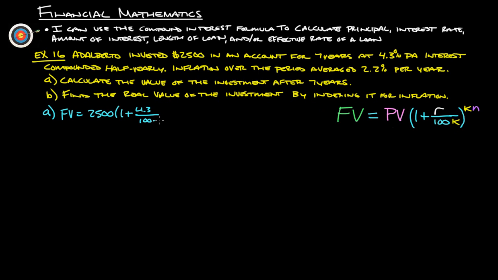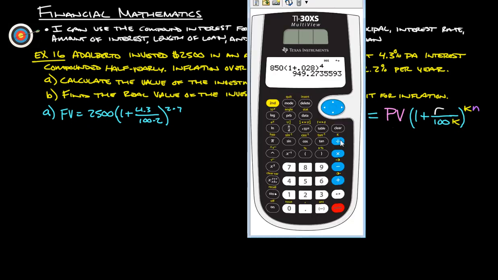So that K part is going to be 2 because it's twice per year, right? So then there's our 2 times 7 years. Okay, so let's simplify this here first.